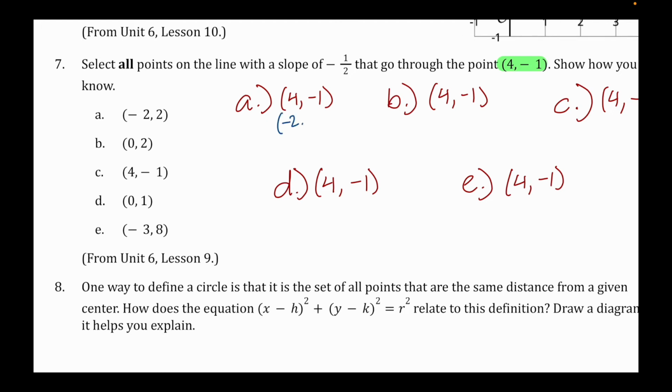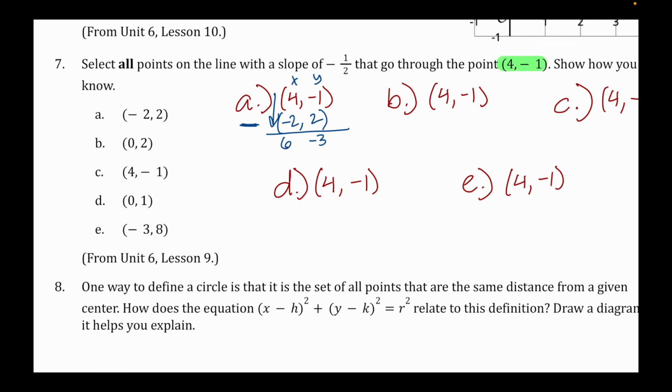Okay, now I'm going to do the other ones here in blue. So -2 comma 2 is X, this is Y. If I subtract downwards, 4 minus a -2 actually makes a plus 2. So this is going to be 6. And then -1 minus 2 makes -3.